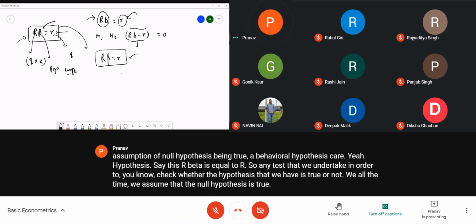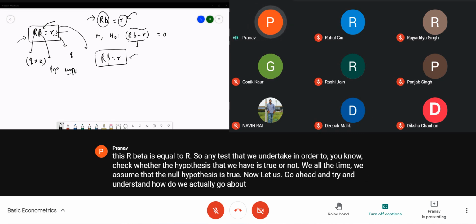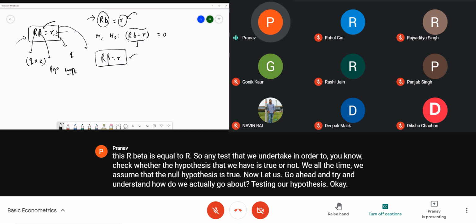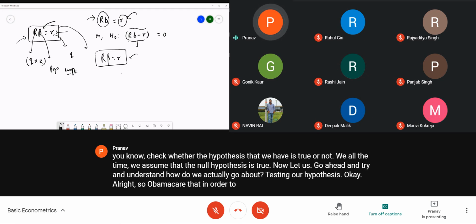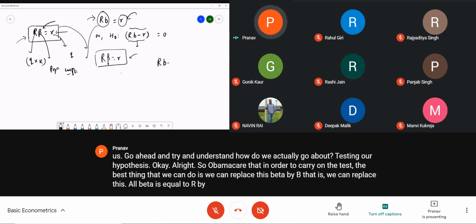Now let us go ahead and try and understand how we actually go about testing our hypothesis. Okay, all right. So अभी हमने क्या देखा that in order to carry on the test, the best thing that we can do is replace this beta by b. That is, we can replace this R beta is equal to r by Rb minus r.